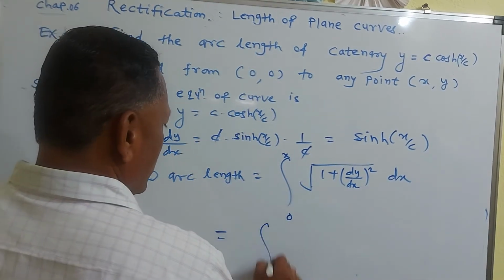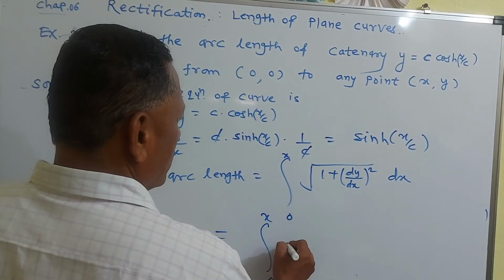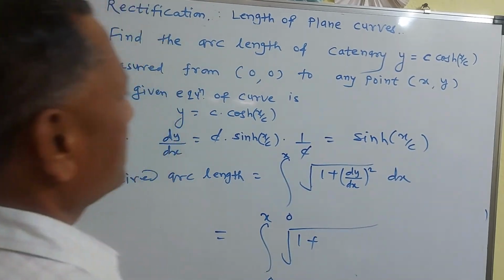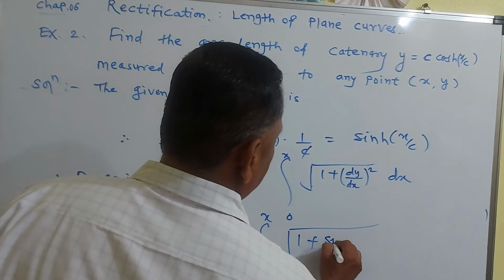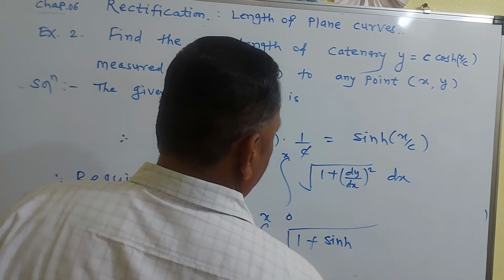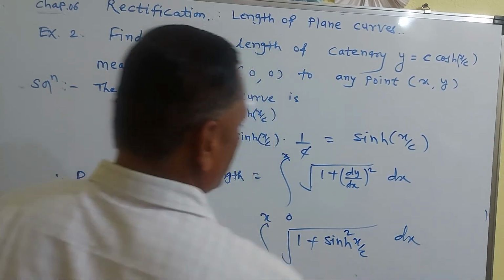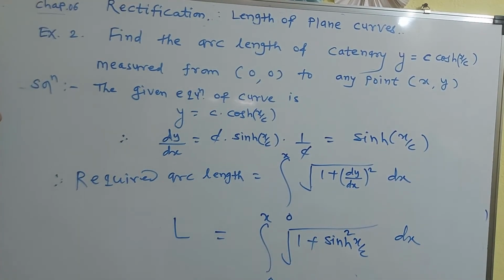So L is equal to the integration from 0 to x of root of 1 plus sin h square of x upon c, integration with respect to x. Therefore L is equal to this.